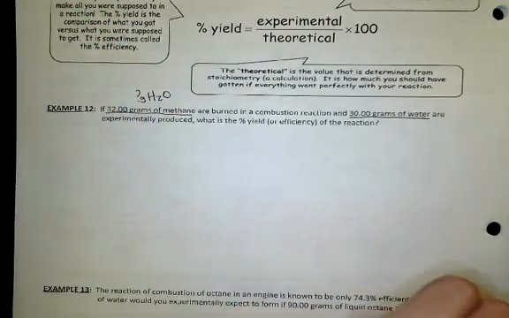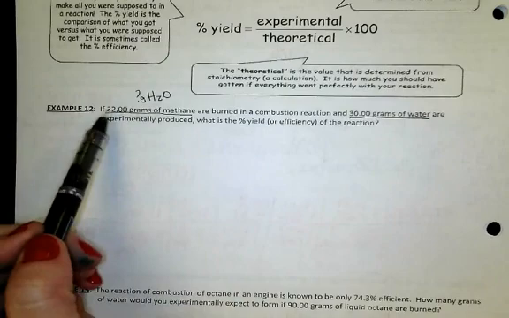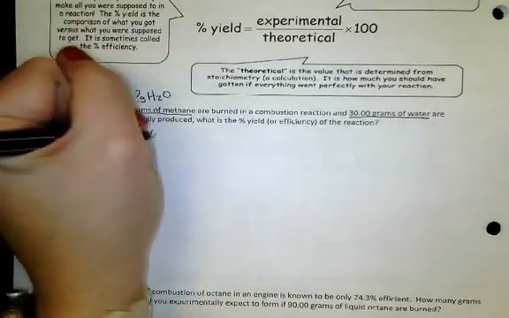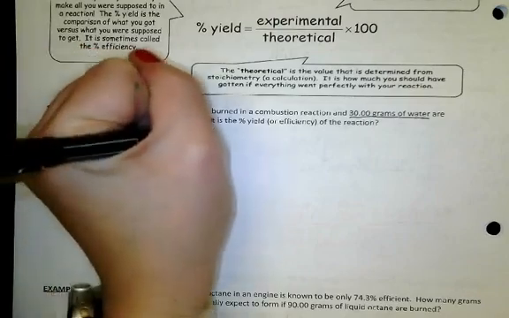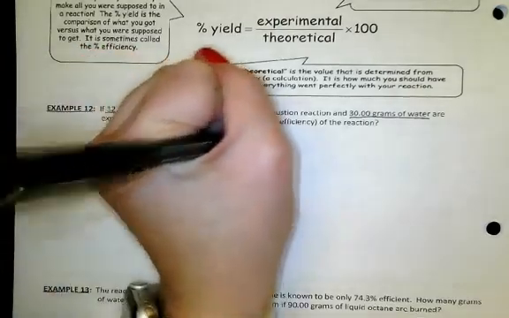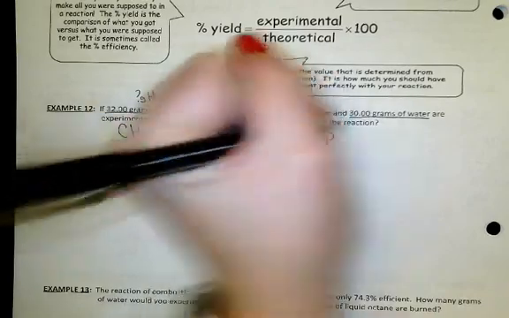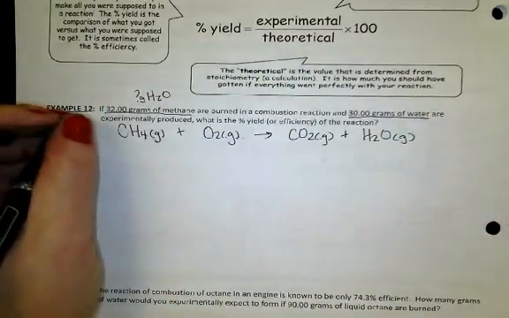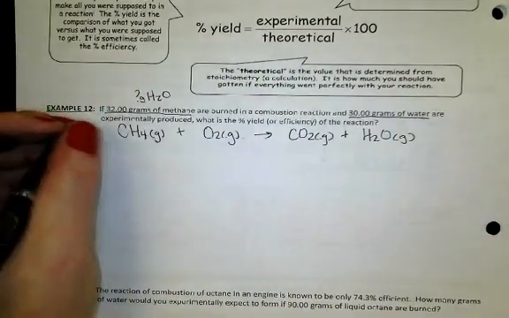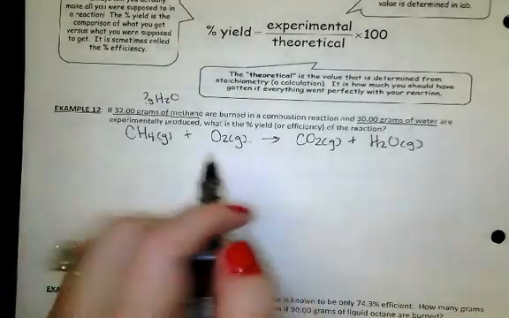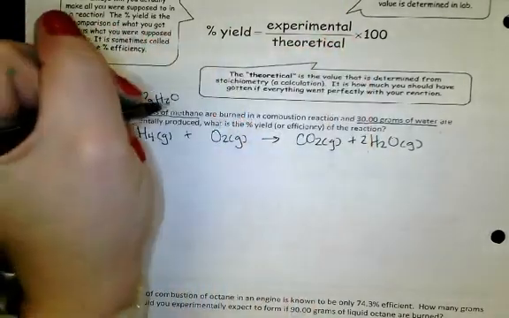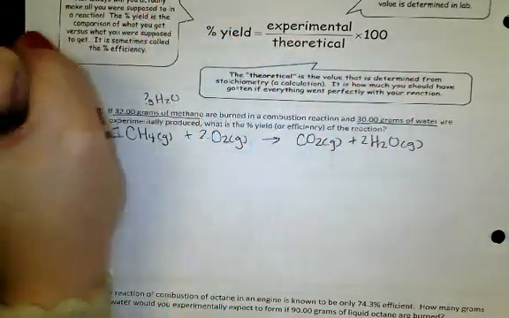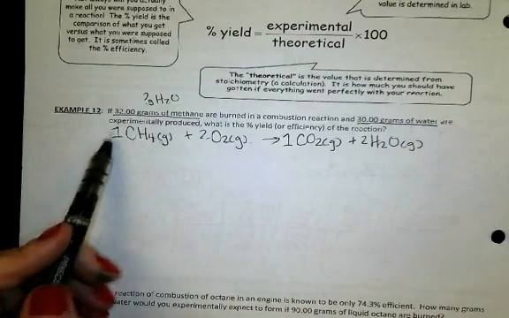So we're going to write methane, a gas, plus O2, gas, gives us CO2 plus H2O. Okay? So, when we balance this, we're going to have a 2 here. So that is 2 plus 2 is 4. We're going to have a 2 here. So 1, 2, 1, 2. Double check. 1 carbon, 1 carbon. 4 hydrogens, 4 hydrogens, 4 oxygens. 2 plus 2 is 4.